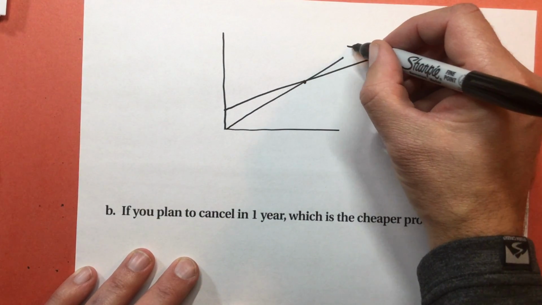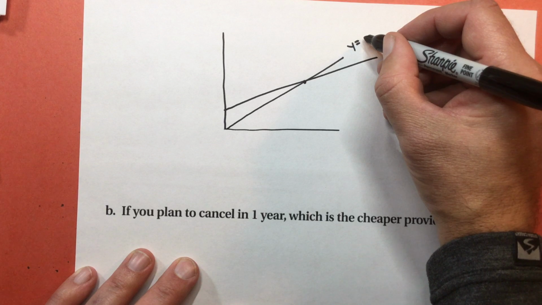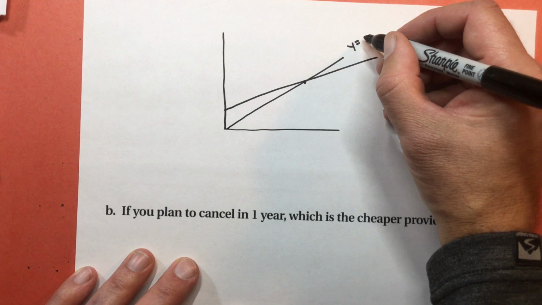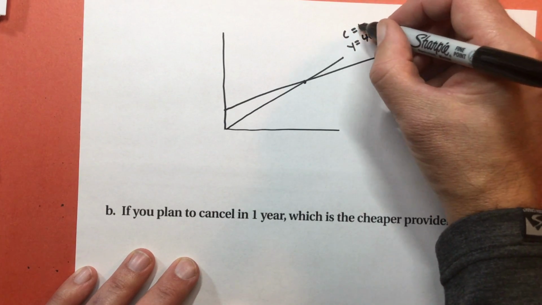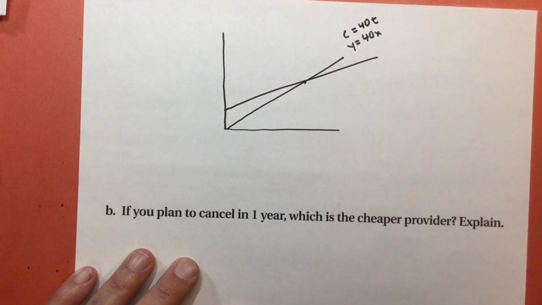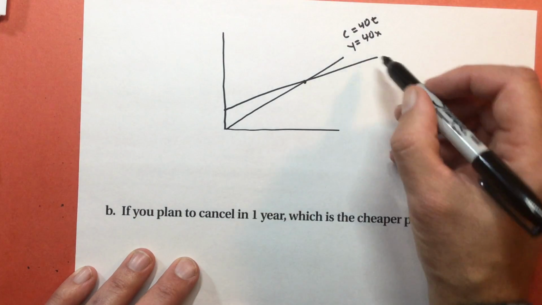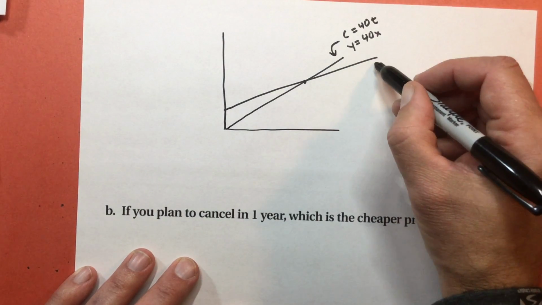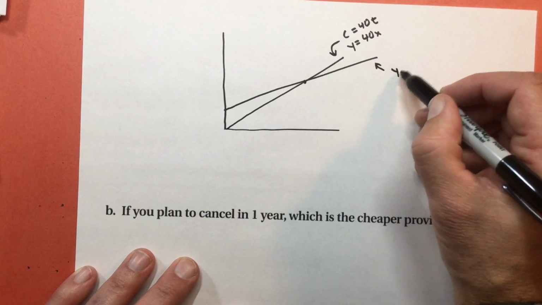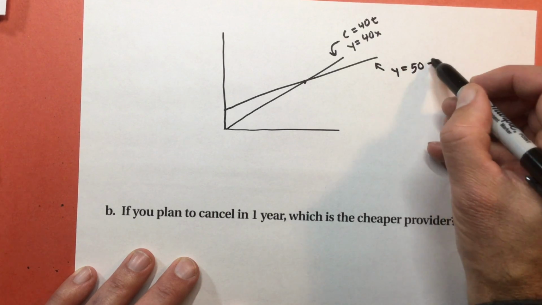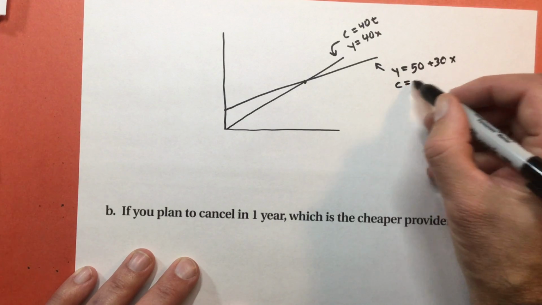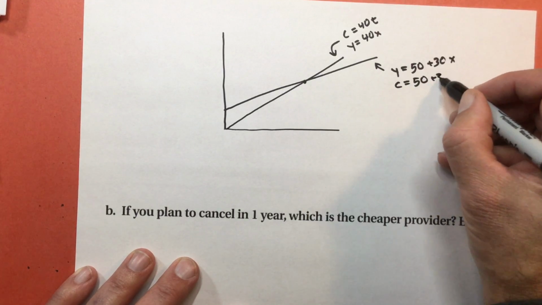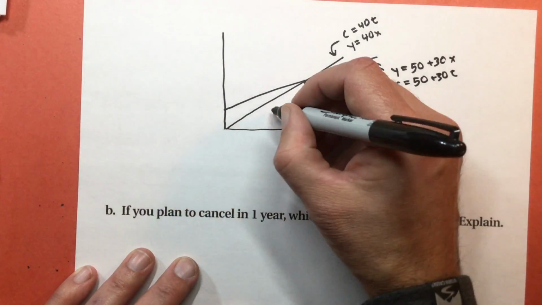This is y equals, gotta remember what it was, 40x, which again, I used c and t, so y equals 40t. Same idea, right? And this one is on Desmos, y equals 50 plus 30x, and with the real variables, 50 plus 30t. So check this out.